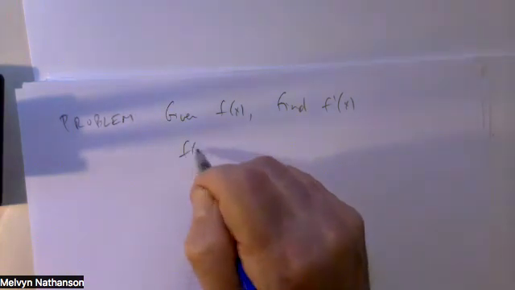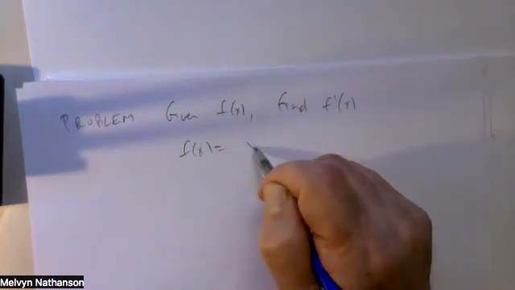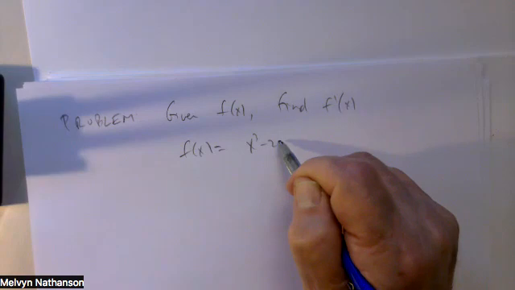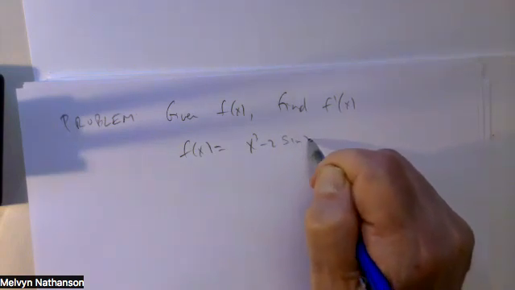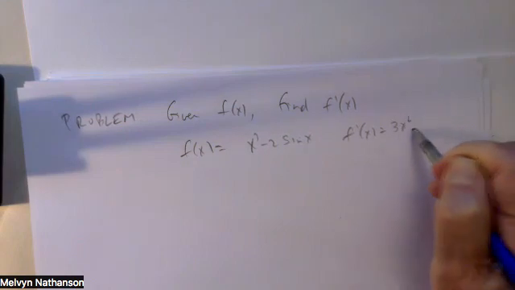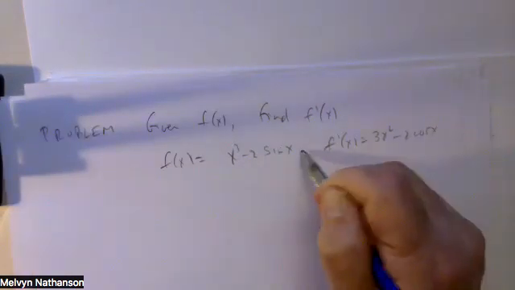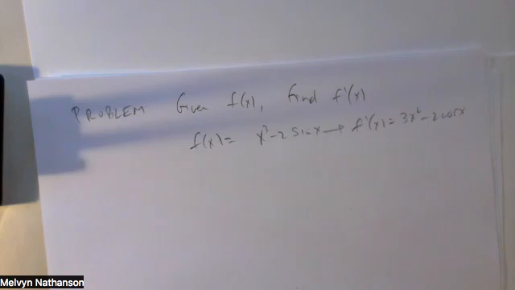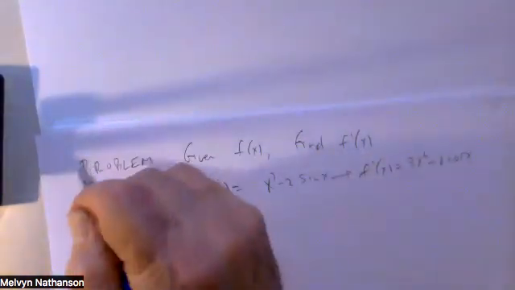So if f of x equals x cubed minus 2 sine x, then f prime of x is 3x squared minus 2 cosine x. That's the derivative problem.